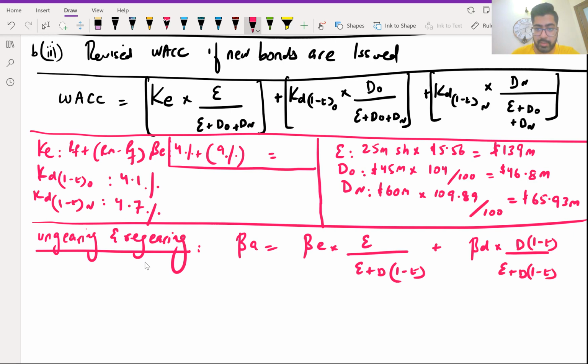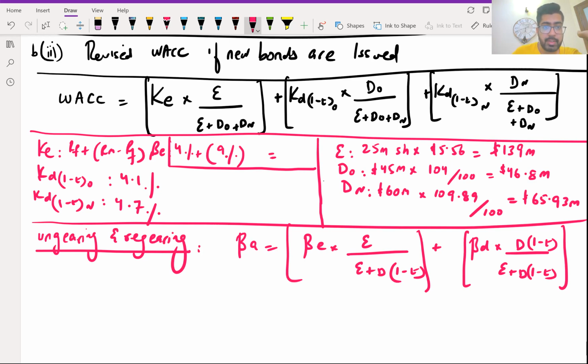Whenever you're entering into a new line, it's beta equity into equity proportion plus beta debt into debt proportion. You do ungearing and regearing. Okay, let's start ungearing. In ungearing, we find beta asset. But we don't have beta asset for this combined unit, for garden plus outdoors.